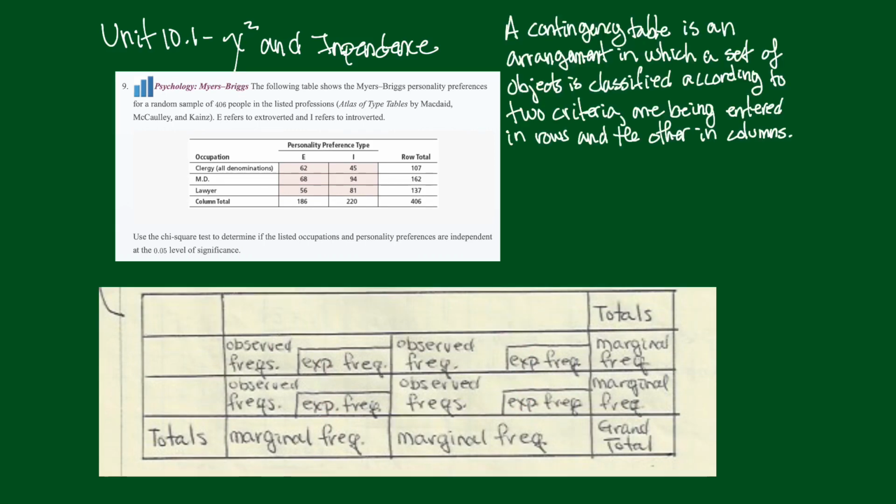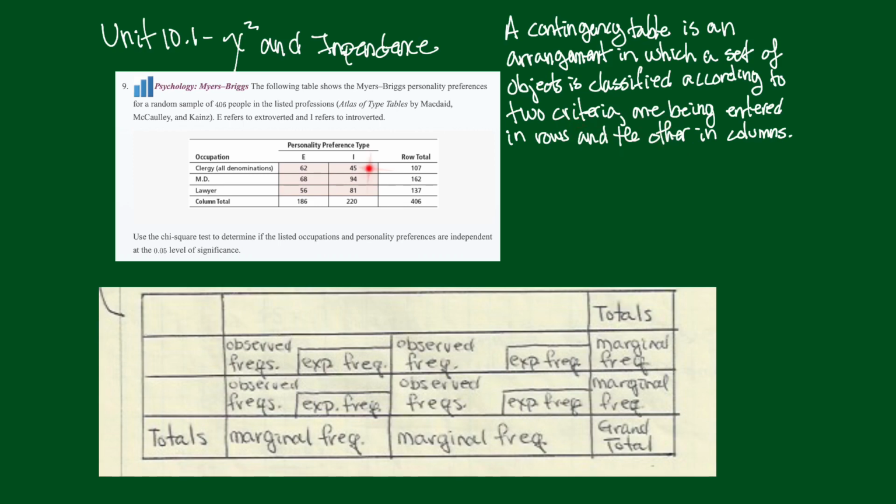I wrote a definition of a contingency table here. A contingency table is an arrangement in which a set of objects, and the set of objects in this problem are people, is classified according to two criteria, one being entered in rows and one in columns.